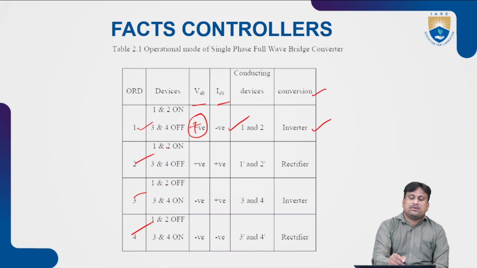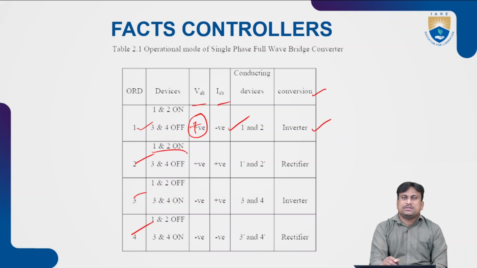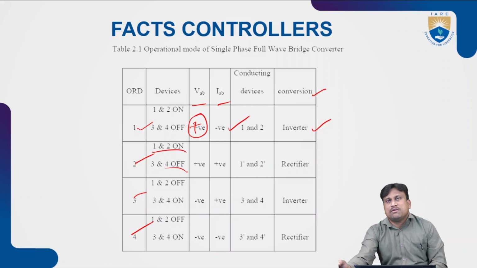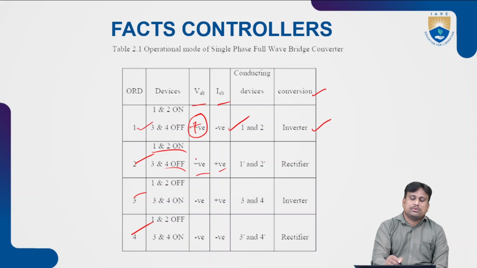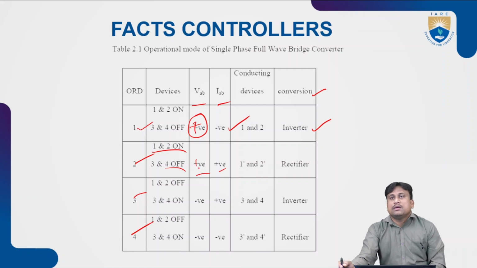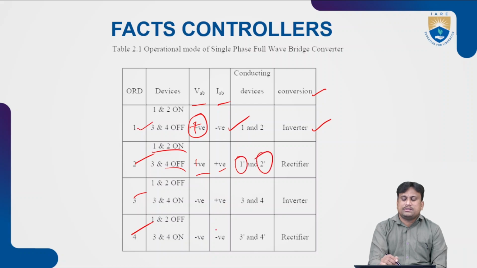In the next order, 1 and 2 are on and 3 and 4 are turned off. Then VAB becomes positive and IAB is also positive. Both are positive in nature. Then the conducting devices are 1 dash and 2 dash, which results in the rectifier case.